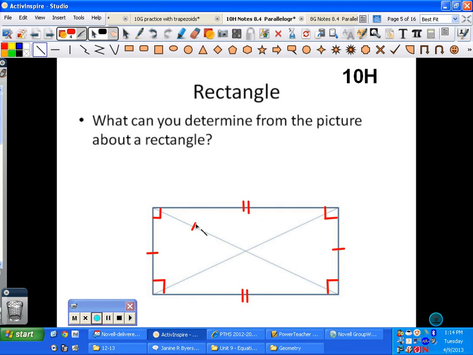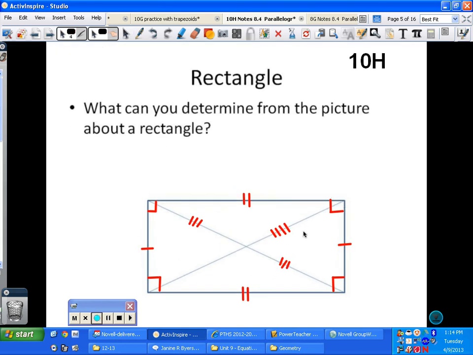And then we know that the diagonals of a rectangle bisect one another, so we'll label those. And that's everything we can label from what we know about a rectangle and its properties.